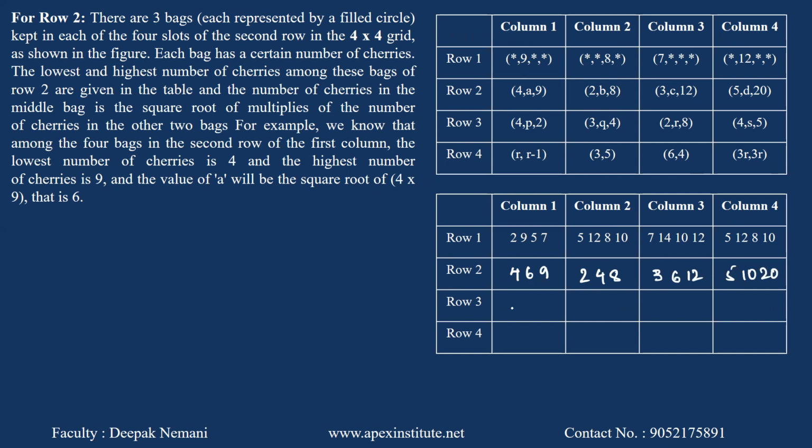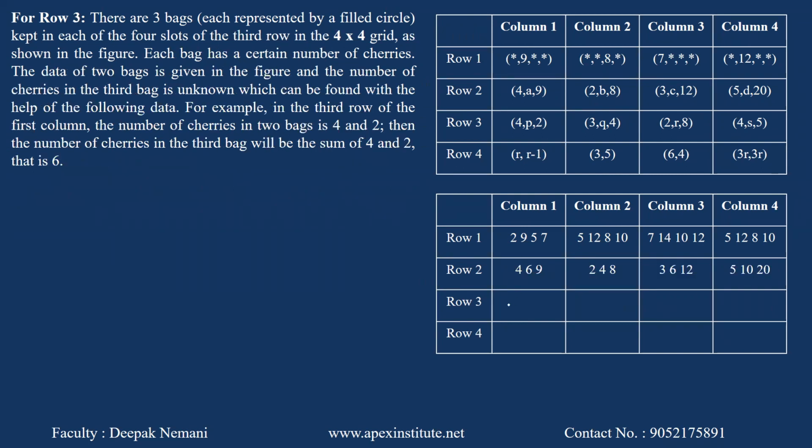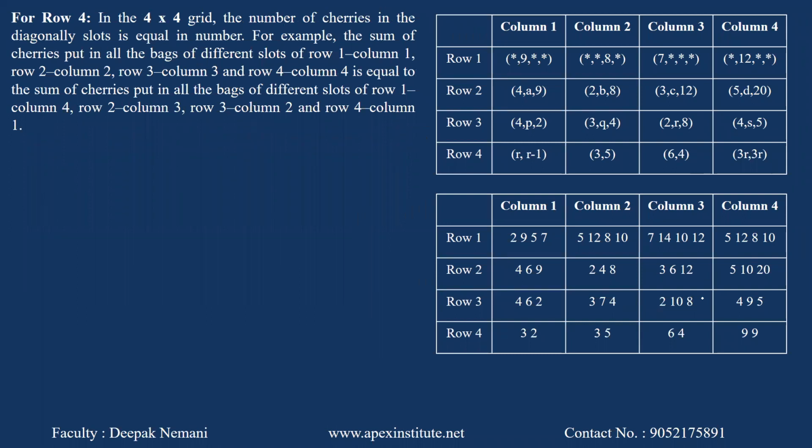For the third row, this should be 4, 6, 2, 3, 7, 4, 2, 10, 8, 4, 9, 5. And for the fourth row, you can find the values of R. If you can find the value of R, you can find the value of R minus 1, 3R and 3R. So the value of R is equal to 3 here.